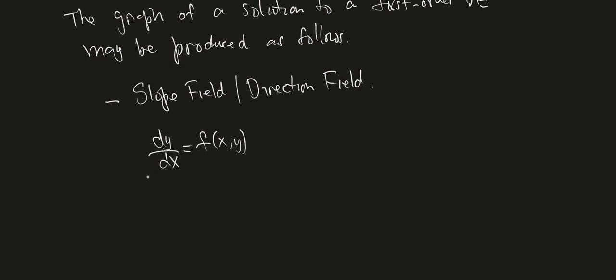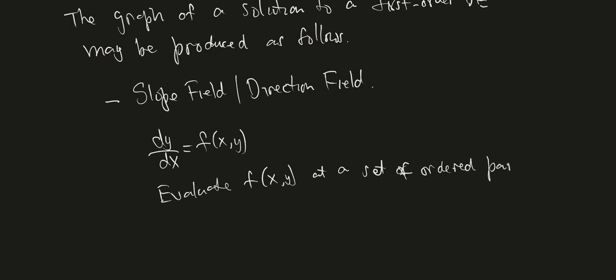will tell me if the solution is increasing, decreasing, or neither, right? So to generate what we call a slope field, we evaluate our f of x, y at a set of ordered pairs, right? Observing, so let's say the ordered pairs are like (x0, y0).